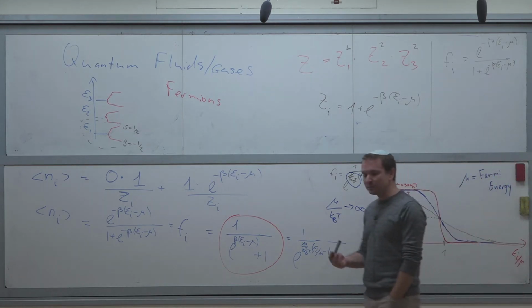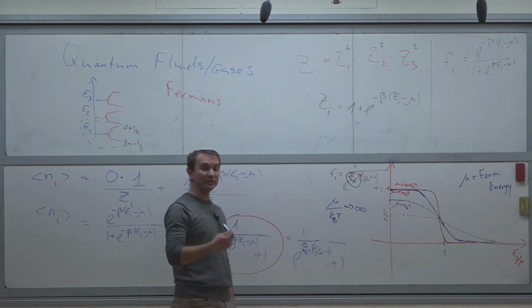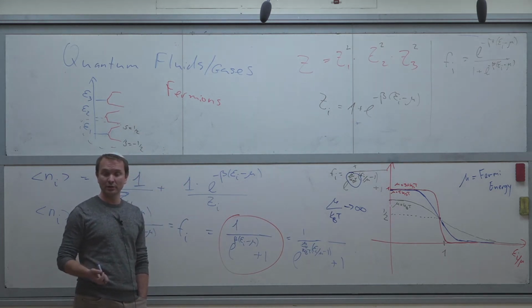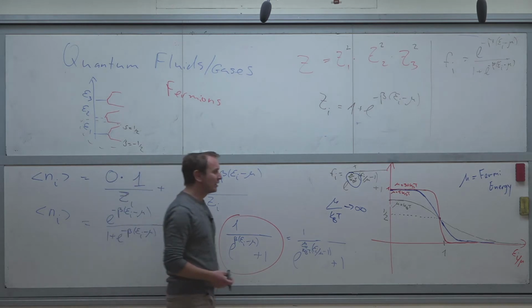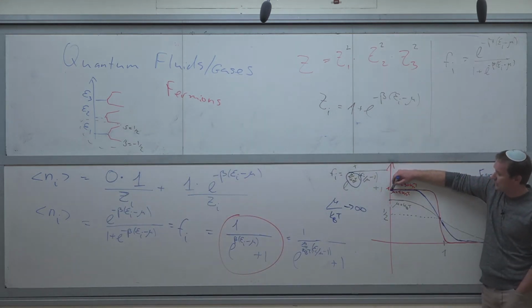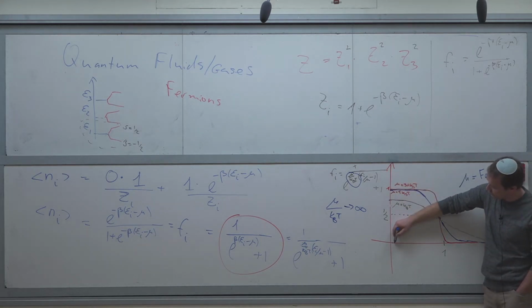There are only specific states with very specific energies that contribute to the behavior of the material. Why? If my energy is very small and I'm somewhere over here, this energy is definitely occupied, and so is this one, and this one.